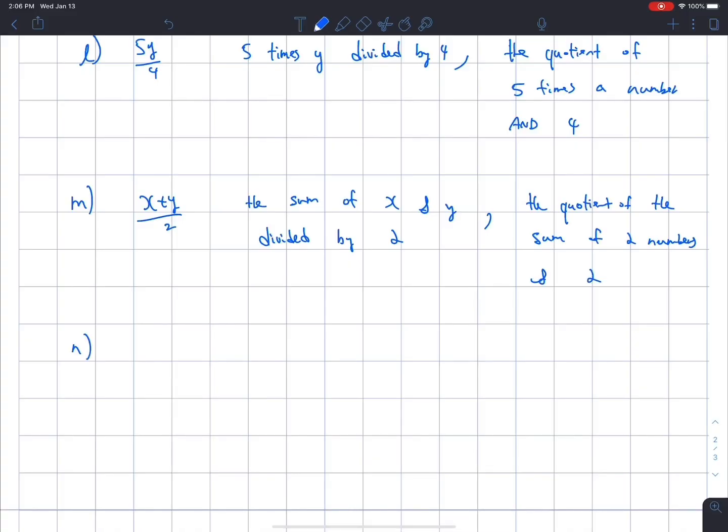And then N, 3 times a plus b. This is 3 times the sum of a and b. Again, I'm using the sum of because I want to add it first, like there's a bracket. The product of 3 and the sum of two numbers.